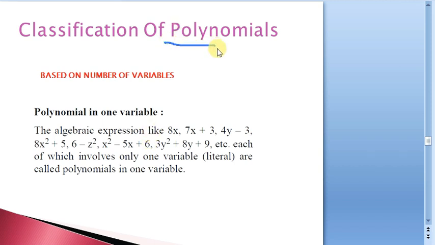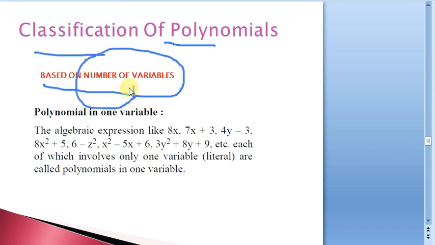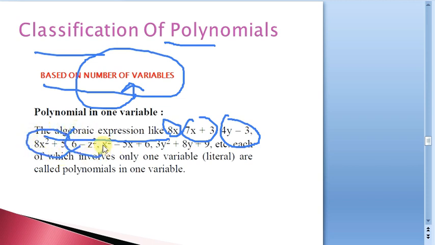So we shall classify polynomials based upon the number of variables. That means whether it involves only x, or only x and y, or both are involved, or three are involved, like that. See here, these are algebraic expressions like 8x plus 3, 4y minus 3. How many variables can you see in each of these expressions?